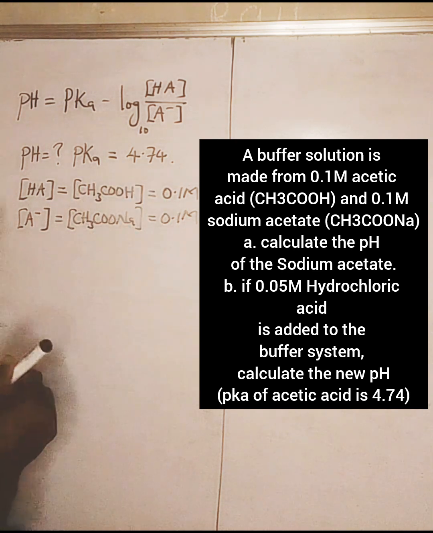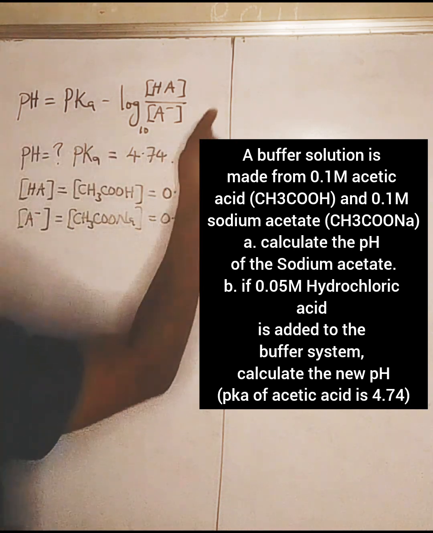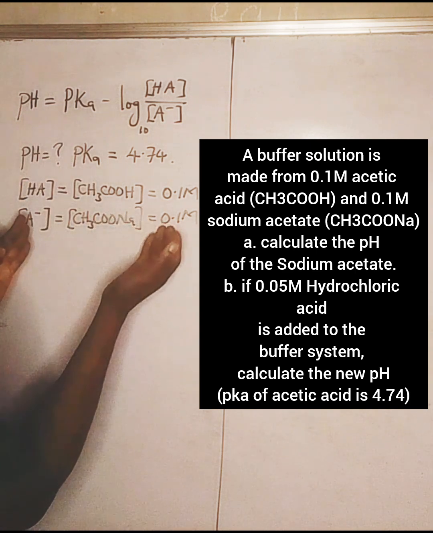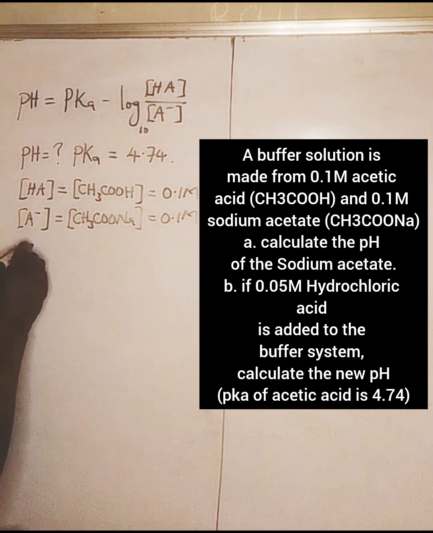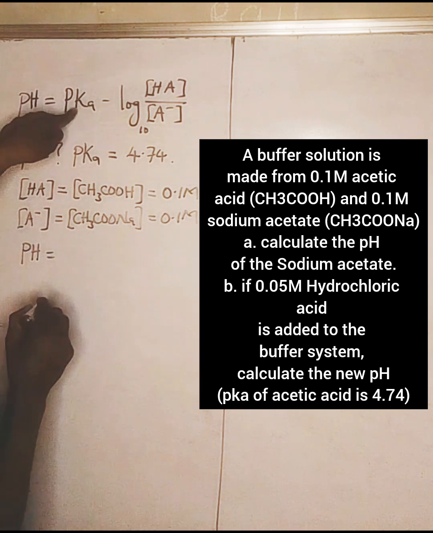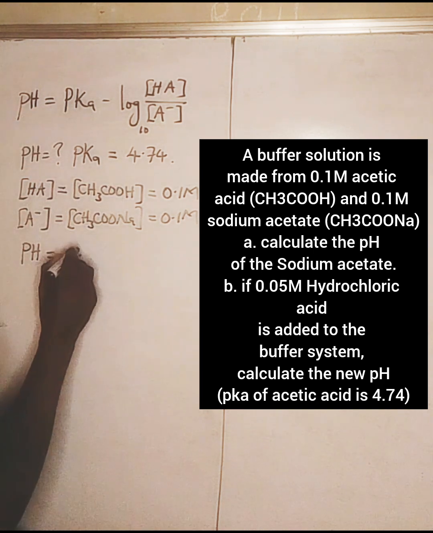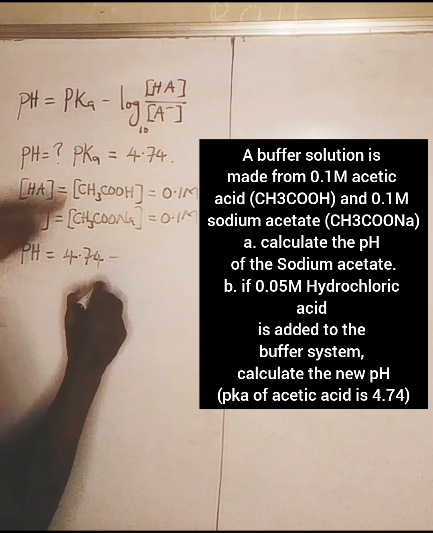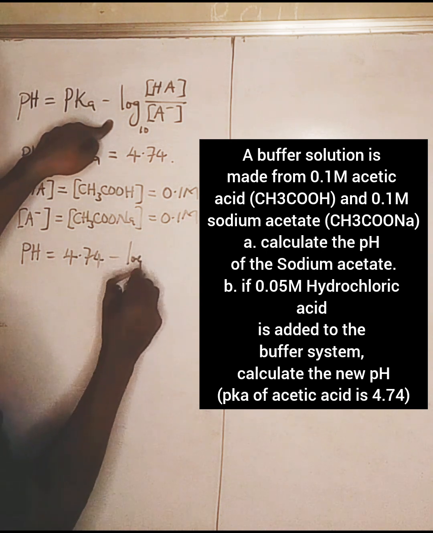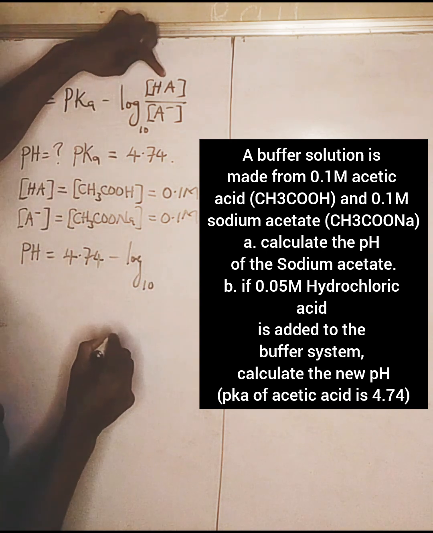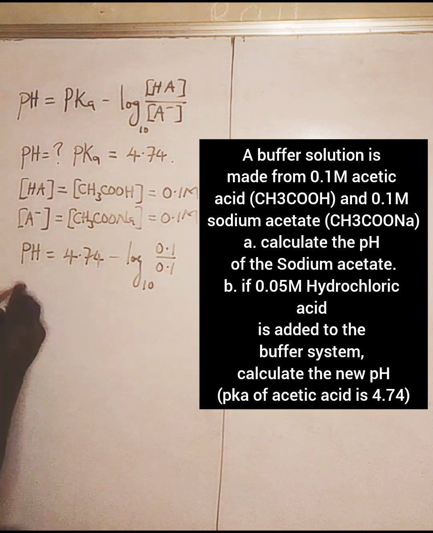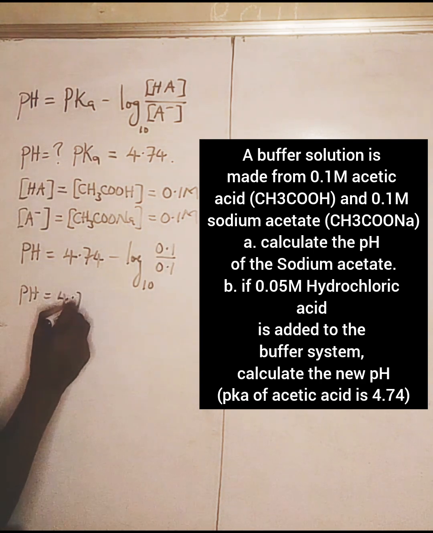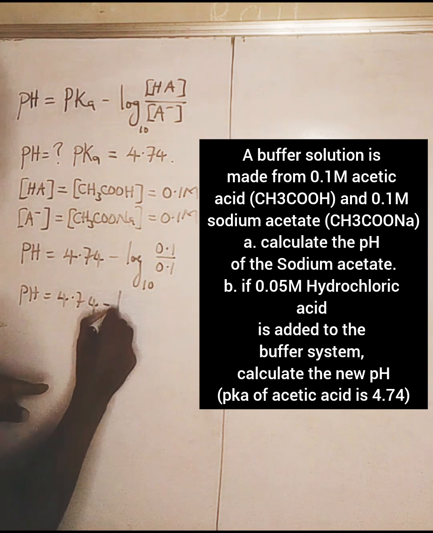What is remaining? pH. So we plug these figures into this equation. The pH of the system will now be pKa, which is 4.74, minus logarithm to base 10 of this over this, which is 0.1 over 0.1.